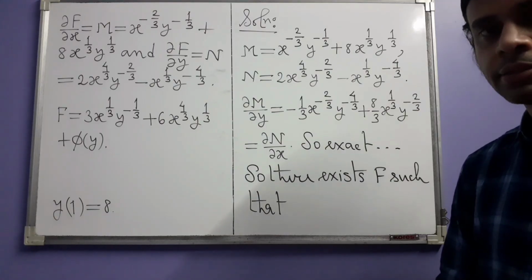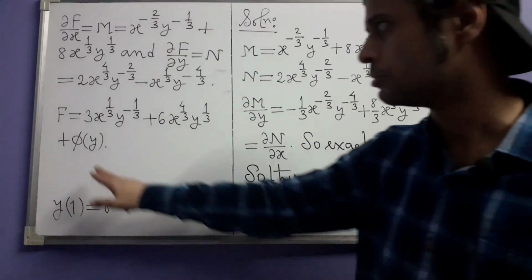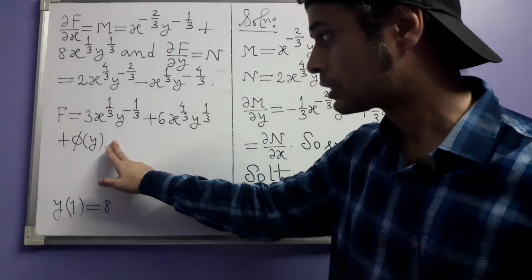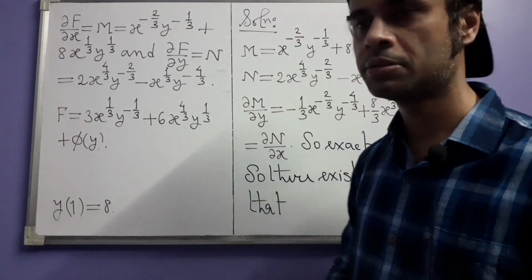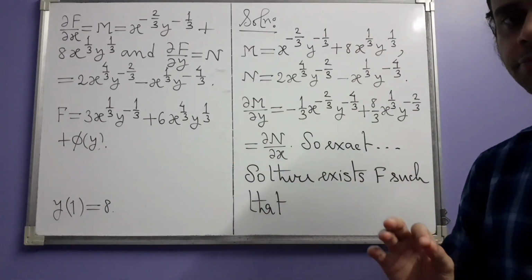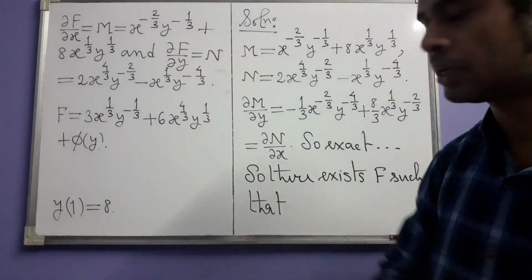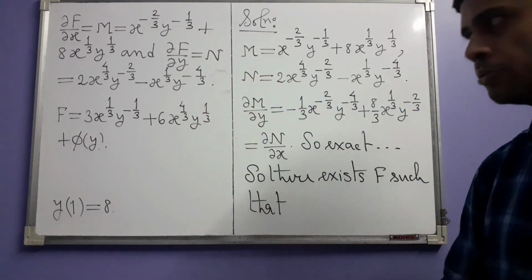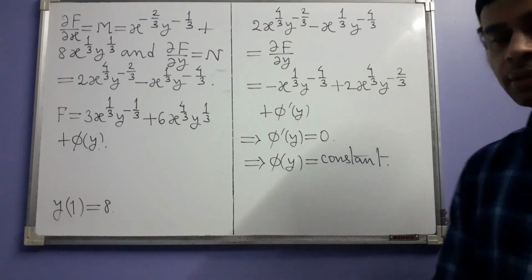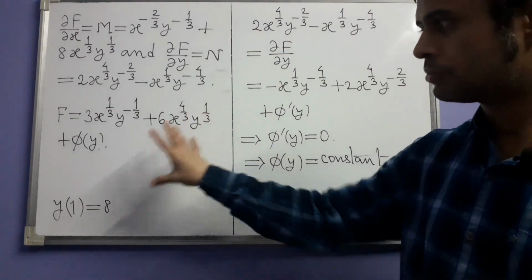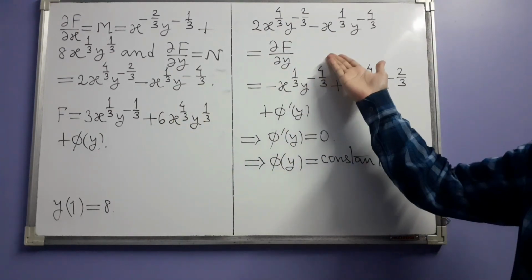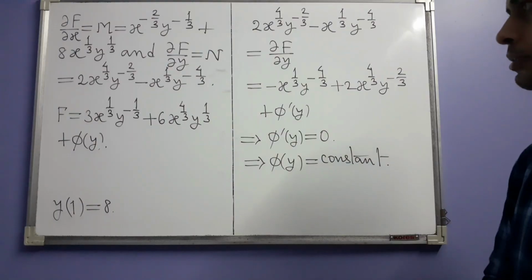And then what is the next step? Next step, of course, is to differentiate both sides of this equation partially with respect to y, so that we can use this second condition. So let's do that next. Instead of cramming everything on that side, I have done the calculation on this side.